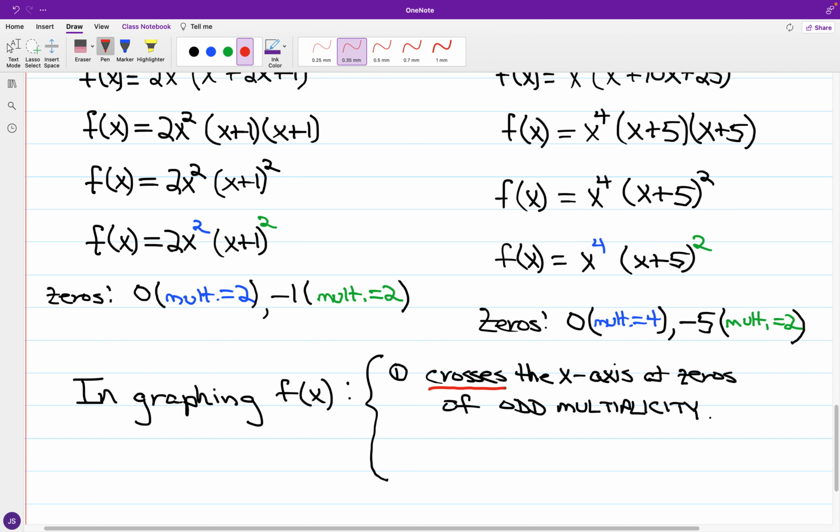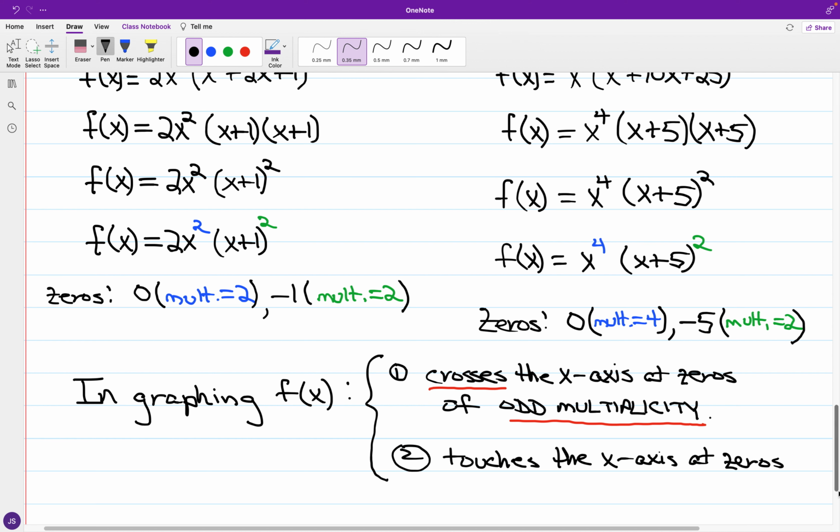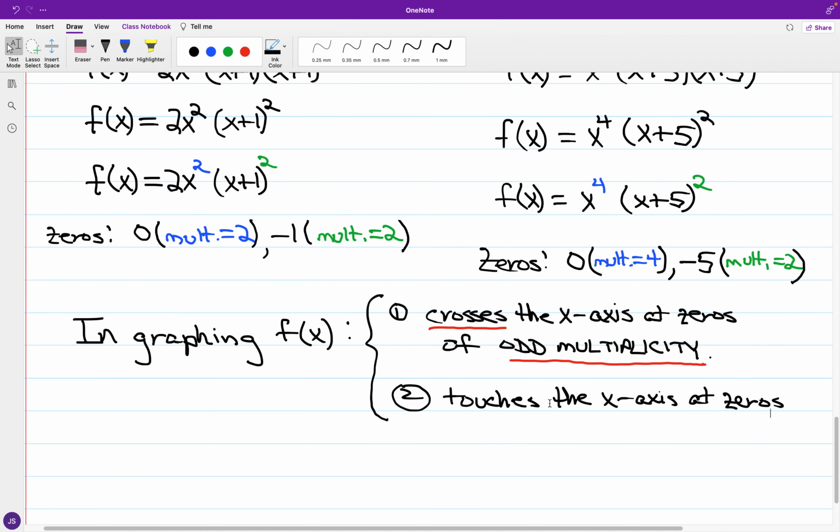So it crosses whenever the multiplicities are odd values. Now for the even values, f of x, without crossing the x-axis, is going to touch the x-axis. So in graphing, f of x touches the x-axis at zeros of even multiplicity.